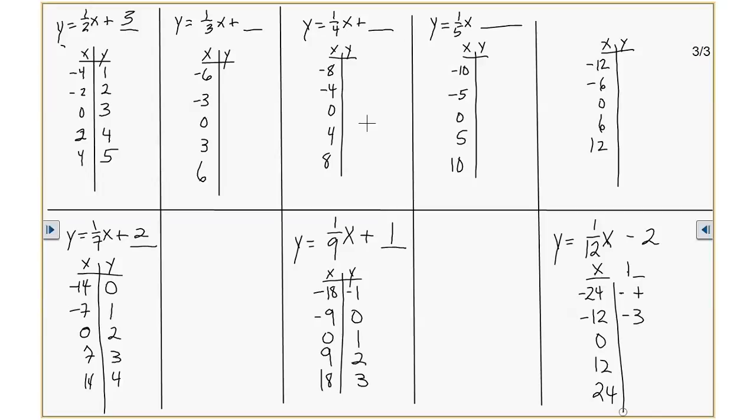You start to see the pattern. 0 minus 2? 12 divided by 12 is 1. 1 minus 2? And now you start to see the pattern. What's the last one?